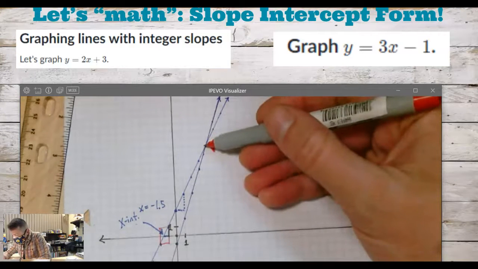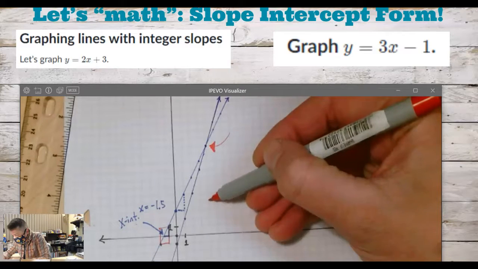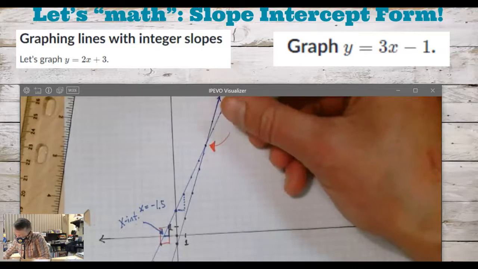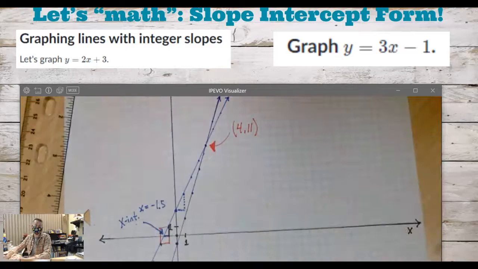So wait, is it 11? So it's 4, 11? But what is that point?